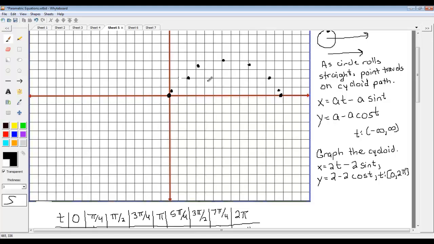Alright, this one looks off, so let me pull up my calculator real quickly. I don't think it's the y value that's off. I think it's the x value, because that one I was plugging in 3 pi over 4. Let me see what that x value should be again.